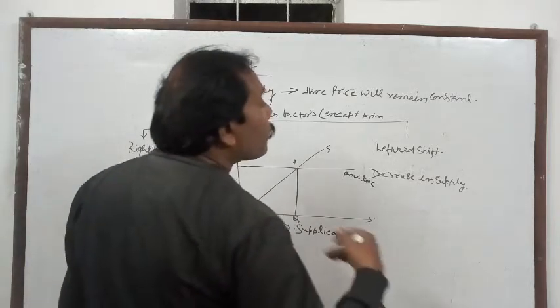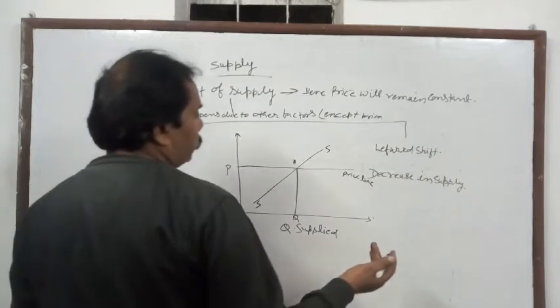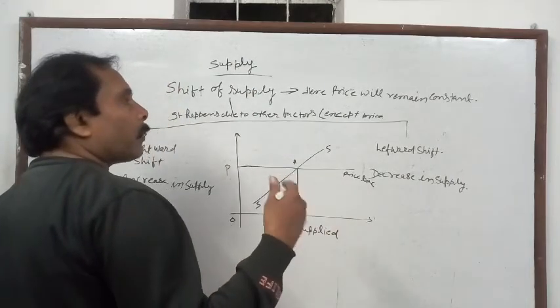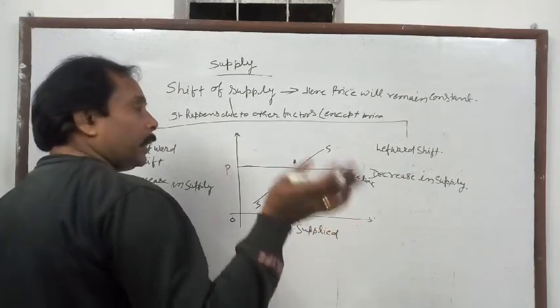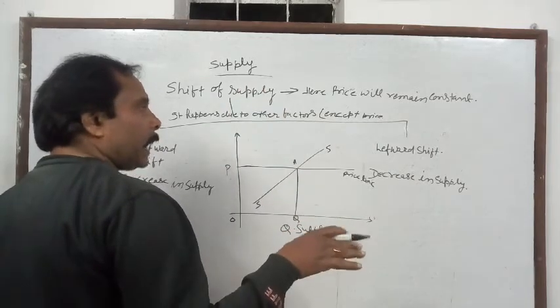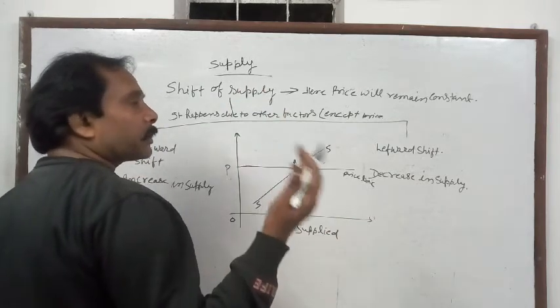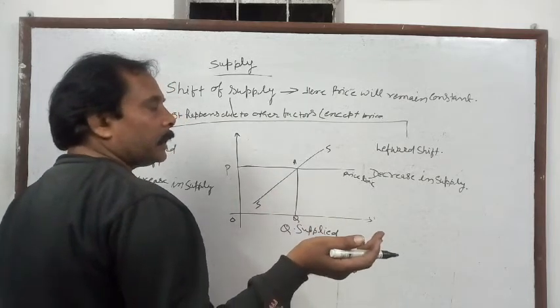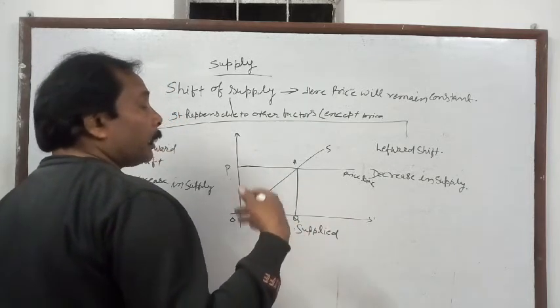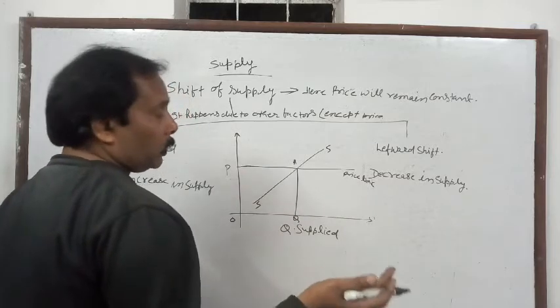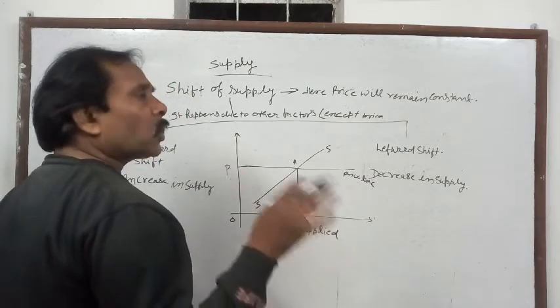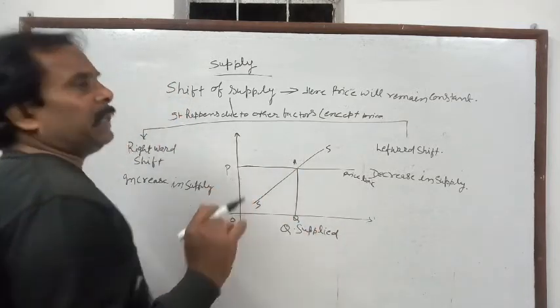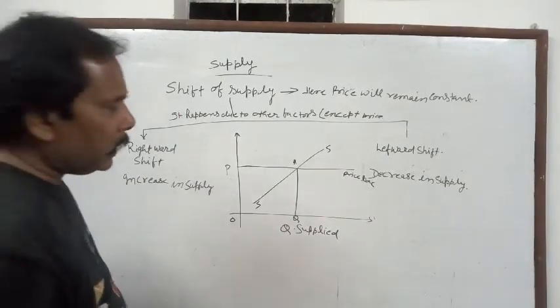When the number of firms increases, if the government policy has changed, meaning reduction in taxes, maximum subsidies are given, or improved technology is used, what will happen? The cost of production will decrease and the supply will increase.